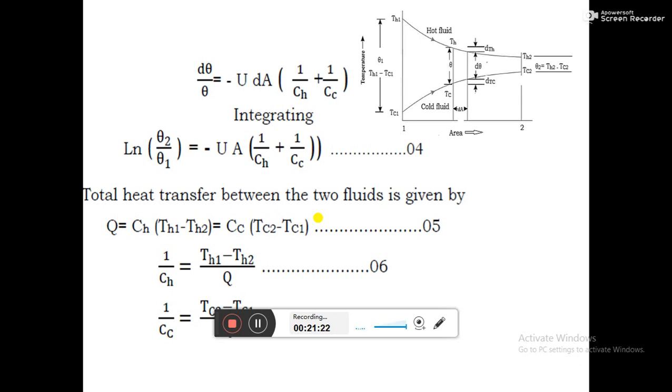Between the limits 1 and 2, integration of 1 by theta is ln theta, so we will get ln theta 2 by theta 1 equals minus U into A into 1 by Ch plus 1 by Cc, since the integration of dA is A.